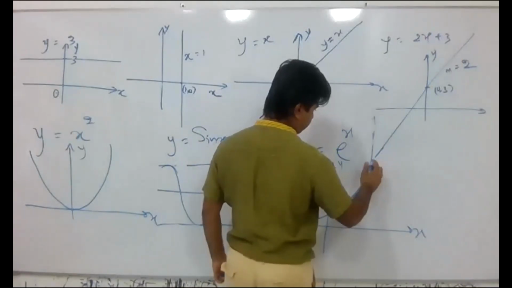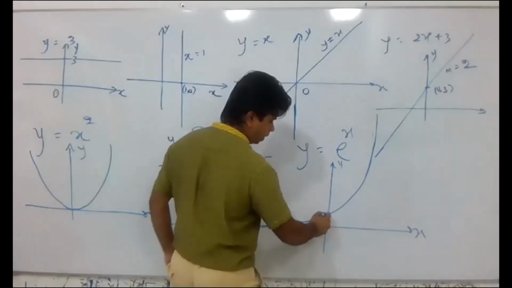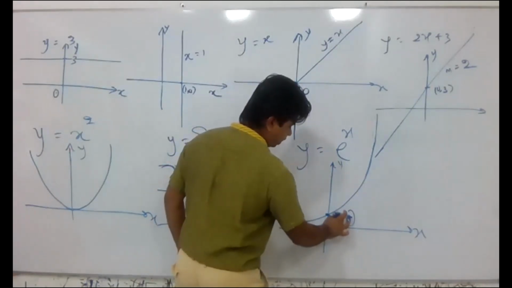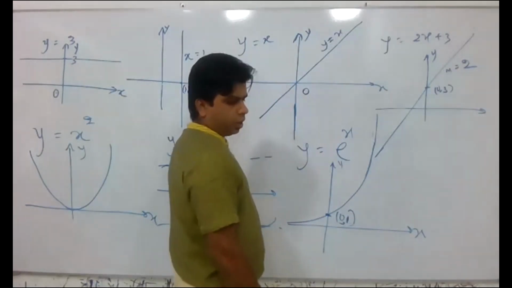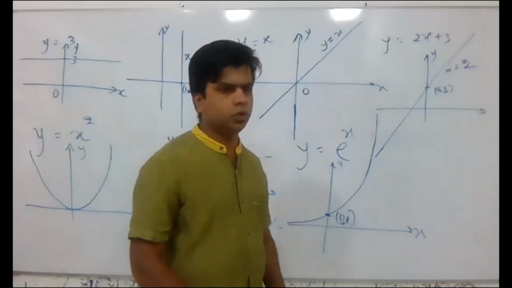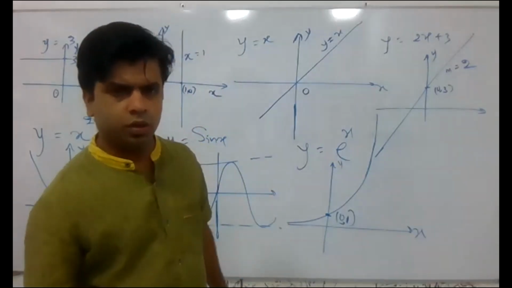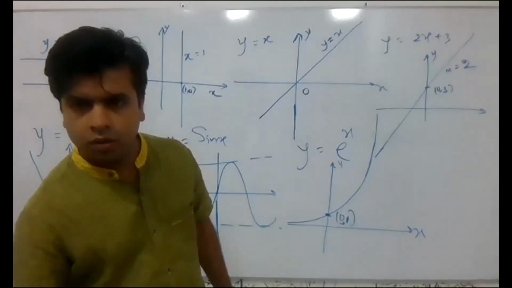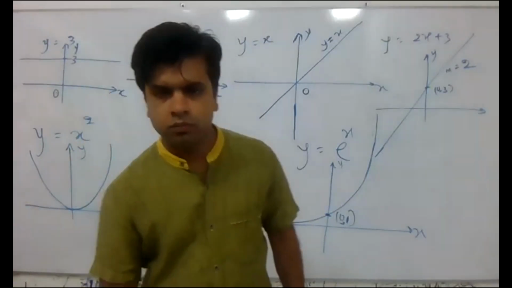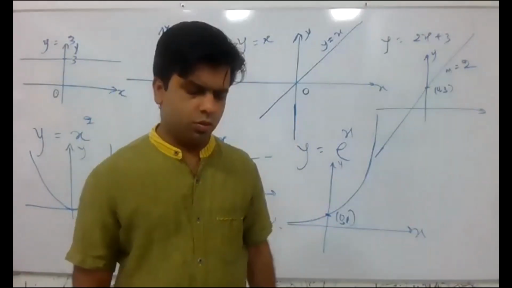It's a very rapid increase, right? You know exponential applications. Corona is the best example of exponential growth. And you know that in physics you learn carbon, what is that you are measuring, the age of something?